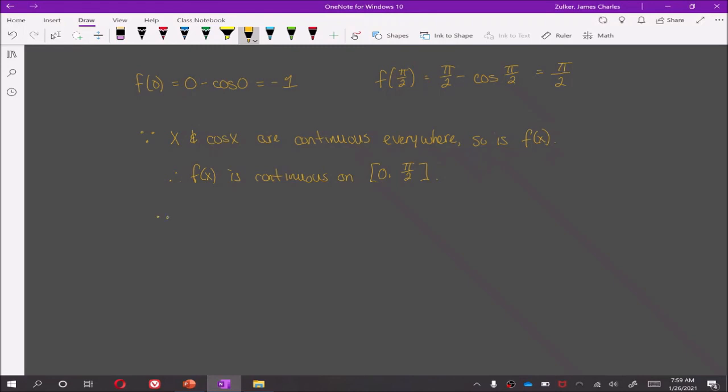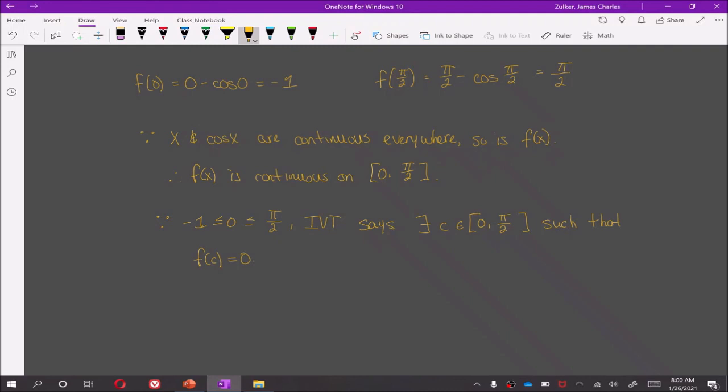Now, since 0 lies between negative 1 and pi over 2, the intermediate value theorem says that there must exist some value c in that interval 0 to pi over 2 such that f of c is equal to 0.